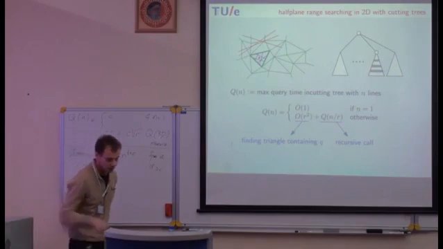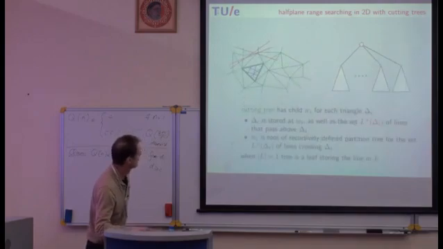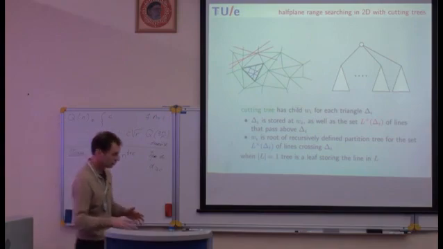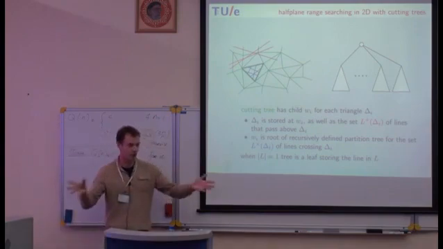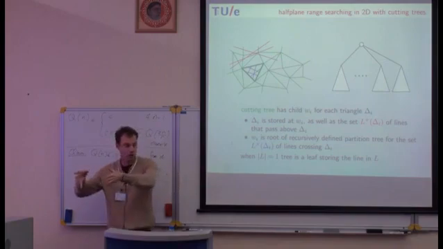No. Okay, so let's see. Initially you take your set of lines, you construct this cutting. Okay, you get a lot of triangles. For each triangle you have a child of the root.